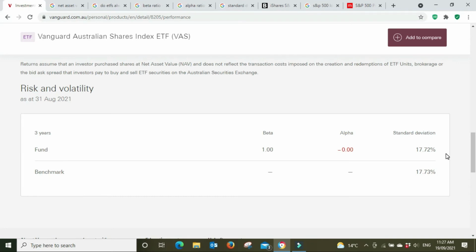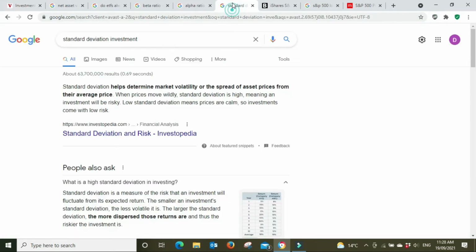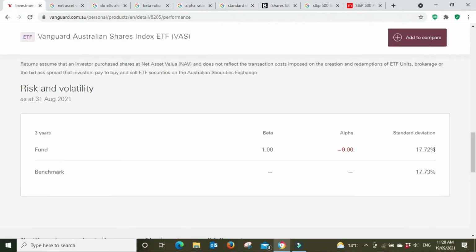This is another measure of volatility. And I've got a definition here. Standard deviation helps determine market volatility or the spread of asset prices from their average price. When prices move wildly, standard deviation is high, meaning an investment will be risky. Low standard deviation means prices are calm, so investments come with low risk. So here we've got about a 17% deviation from the average.